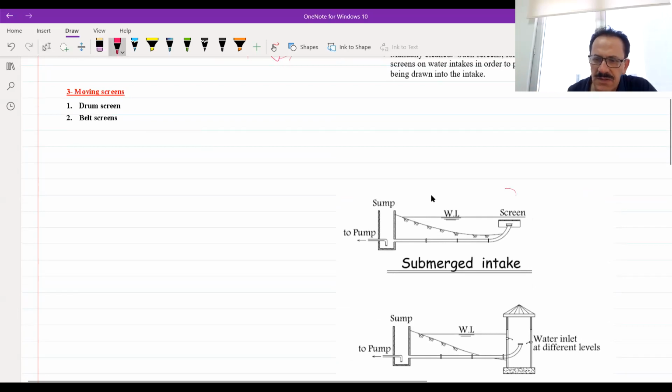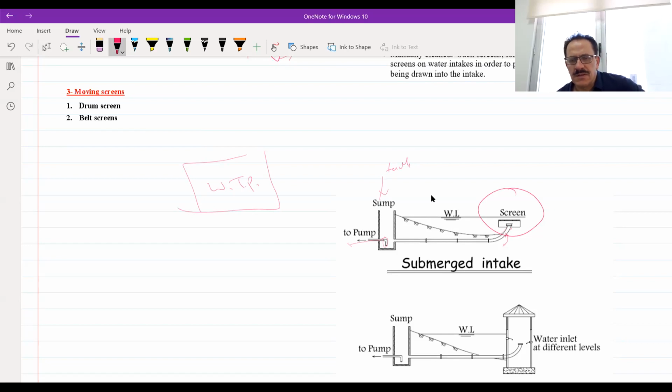Now, after we have a screen here, there will be a pipe. This pipe will deliver water from the screen and send it to another tank. This tank is usually a concrete sump, and we put water pumps here, and this water pump sends it to the water treatment plant. So the role of this sump is just to receive and collect water from the screens.